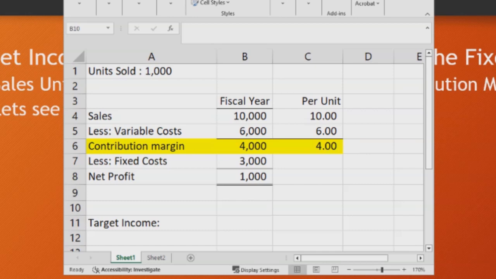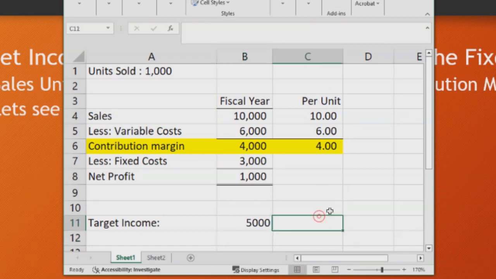We've got our example that we brought in from our CVP analysis break-even units and sales dollars video. Same situation, a $4 per unit contribution margin based on our 1,000 units that we sold at $10 each. There is our contribution income statement. So, if we want a target income of, say, $5,000, how many units do we have to sell?